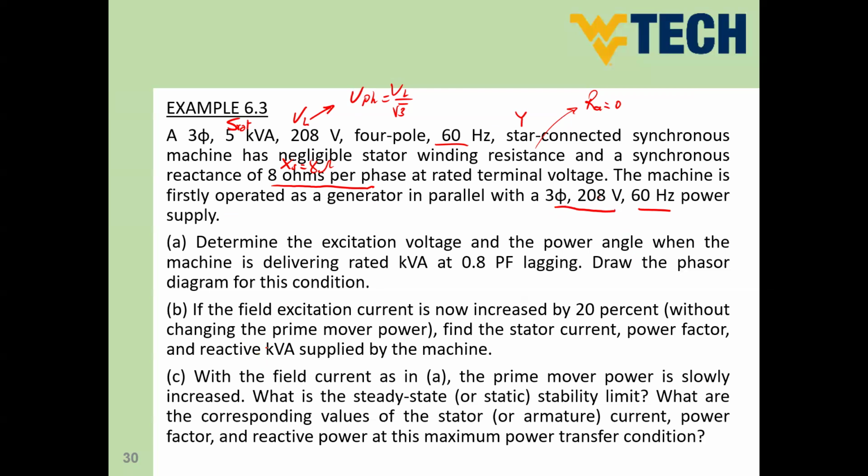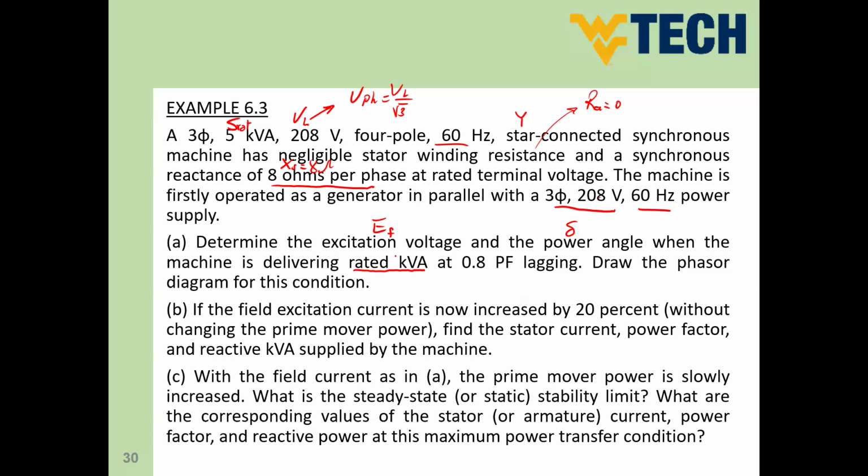Part A, determine the excitation volt. Excitation volt is EF. And power angle. Power angle is delta. Actually, EF and delta are the same vector data. So once you get EF as a vector, you would have the magnitude of the volt and the power angle value. So determine these values when the machine is delivering rated kVA.